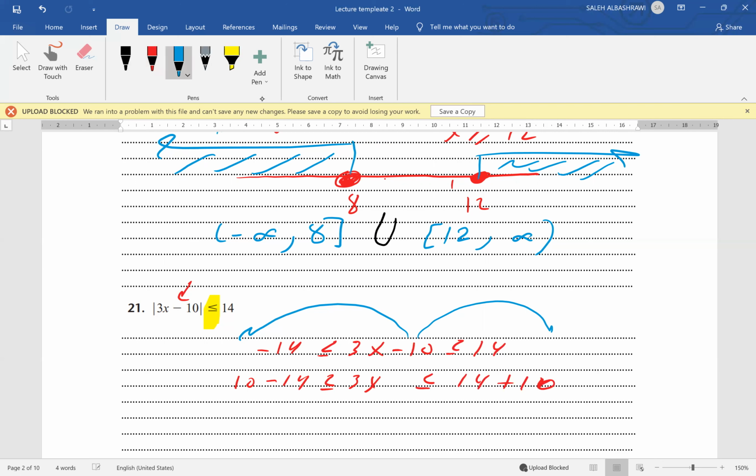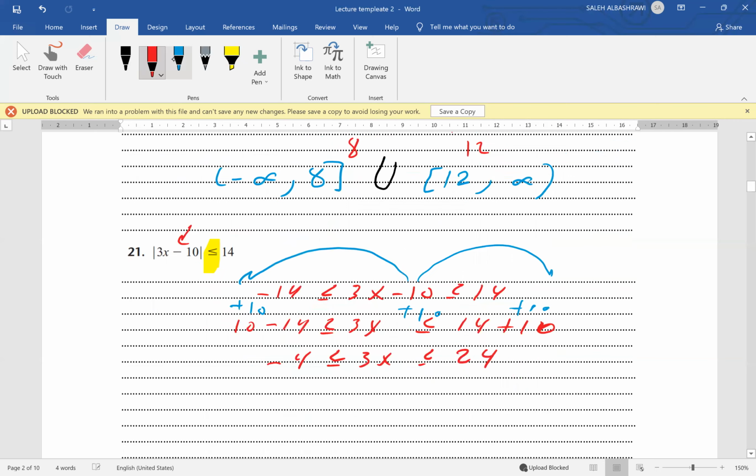All what we did, we add 10 everywhere, to the left-hand side, middle and right-hand side. So it is like moving minus 10 to the left and right, and change the sign. This will give me 10 minus 14, which is minus 4, less than or equal to 3x less than or equal to 24.